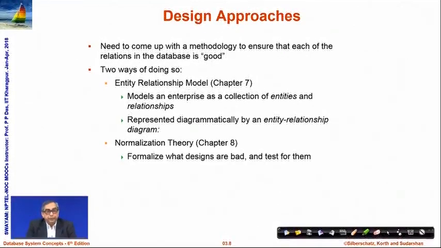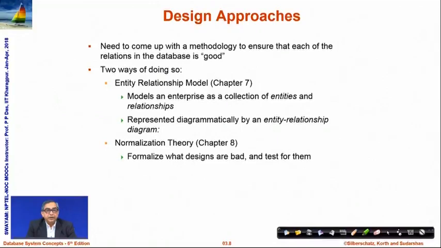So, we primarily follow two approaches in doing this. One is using the entity relationship model, which models the enterprise as a collection of entities or concepts, or if you are familiar with object orientation, classes, and the relationships that hold between these entities.